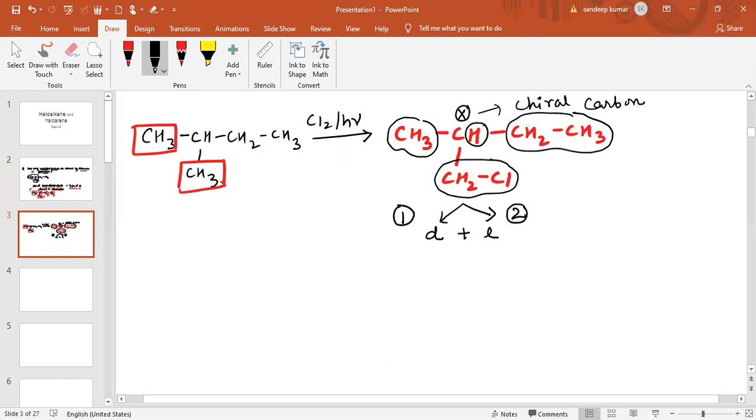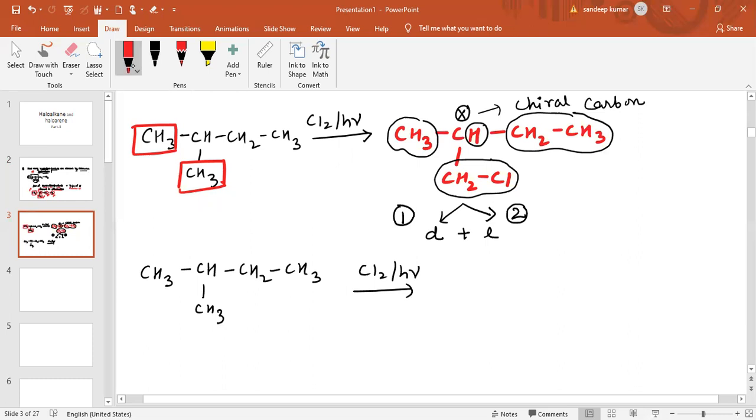Now see, now I am replacing. So basically we are looking for monochloro products. In the same way, when we target another hydrogen, like this, so now I am targeting this group.